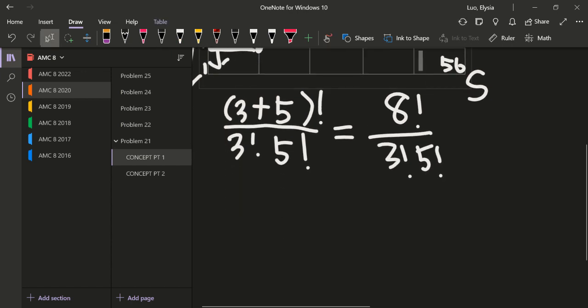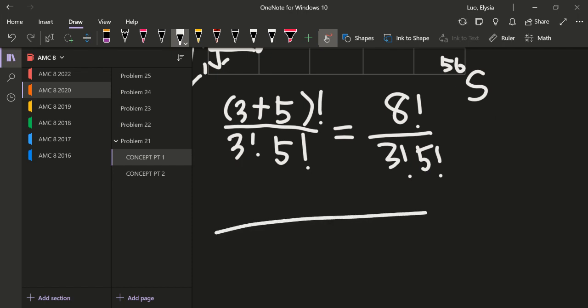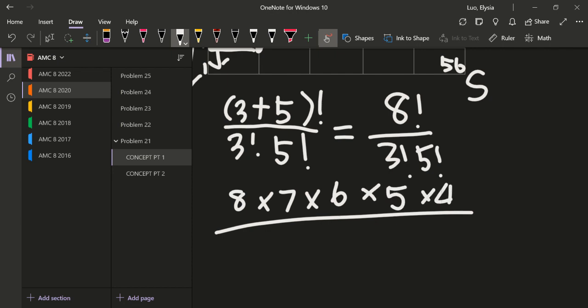Now, you can move downwards and you can see 8 factorial equals 8 times 7 times 6 times 5 times 4 times 3 times 2 times 1.